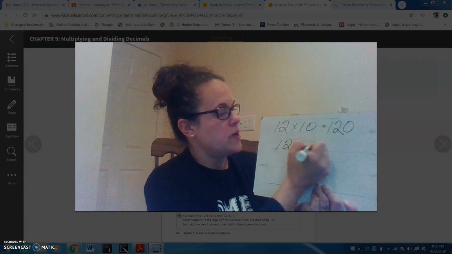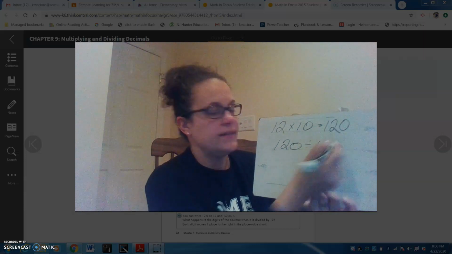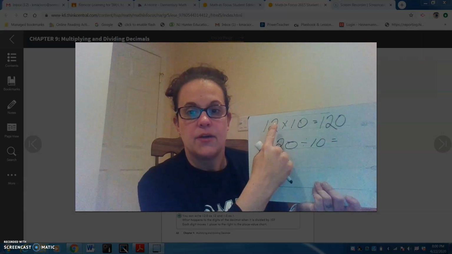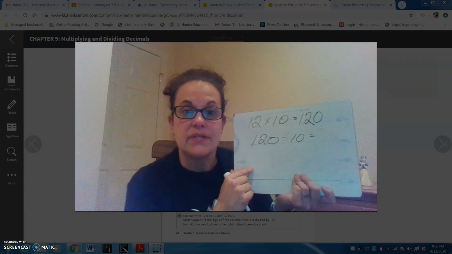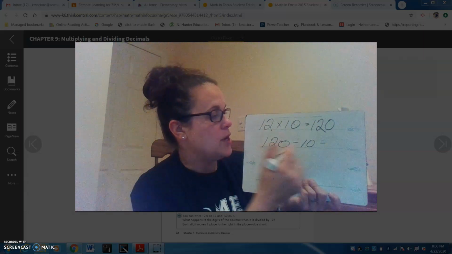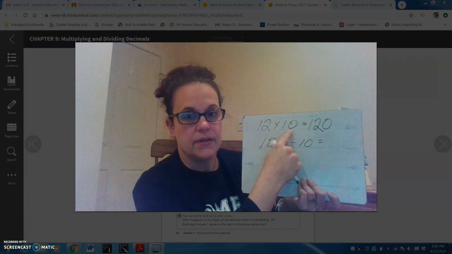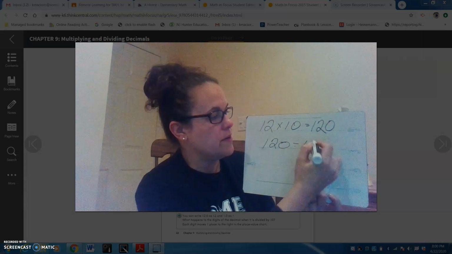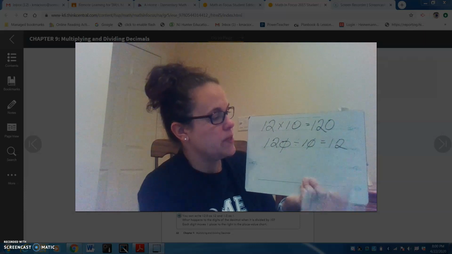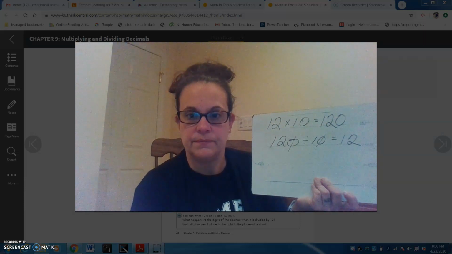So let's take that same concept, but now let's look at division. If I have 120 and I want to divide it by 10, I want to work the opposite way, because I know that multiplication and division are opposite operations, they're inverse of each other. Here I added the 0, so here I can take away the 0, and 120 divided by 10 is 12.